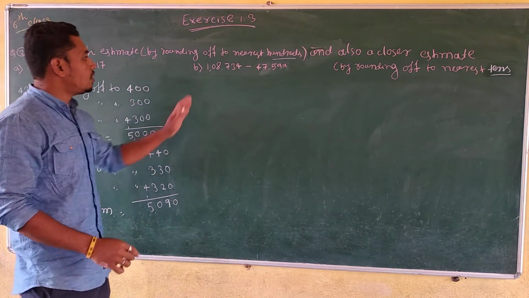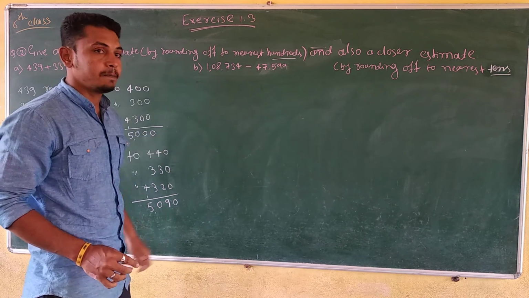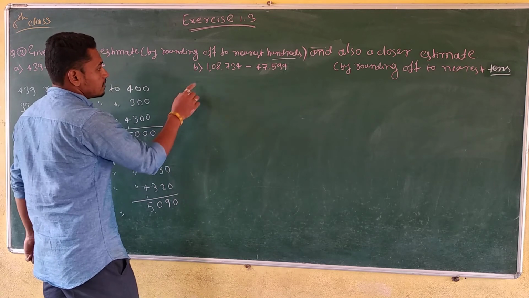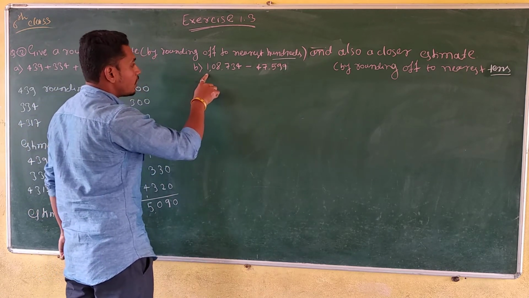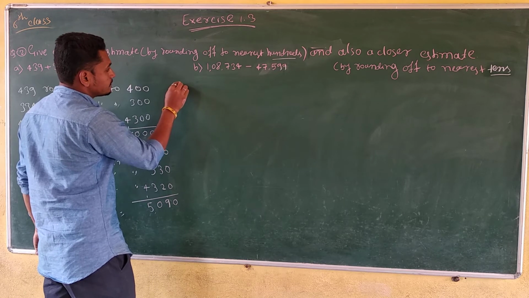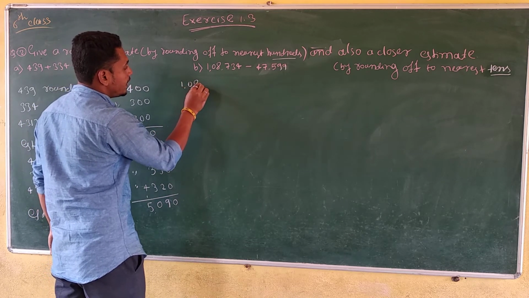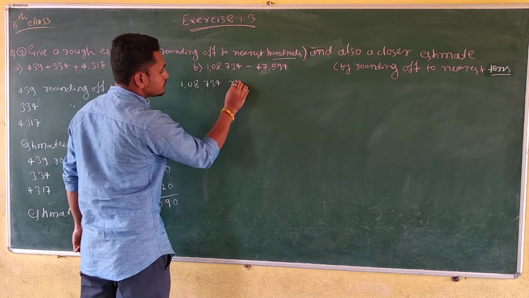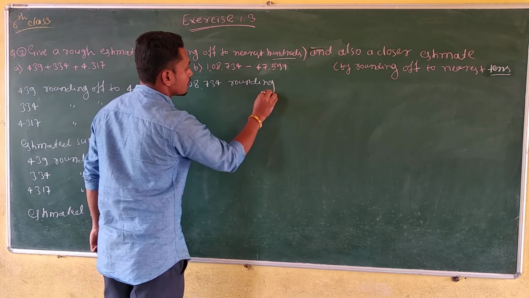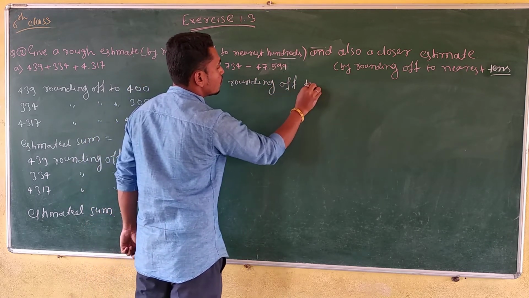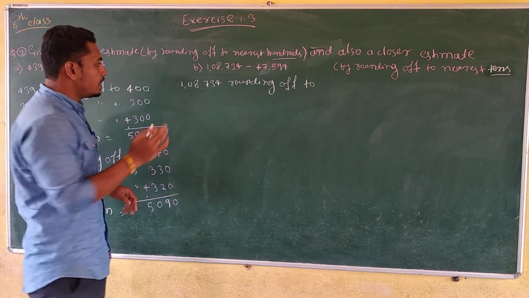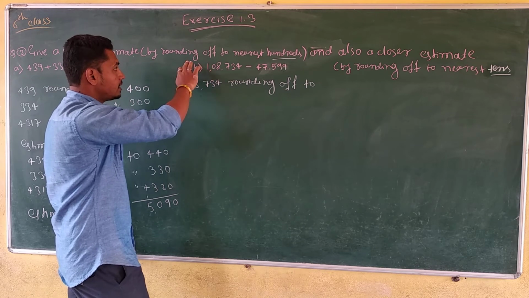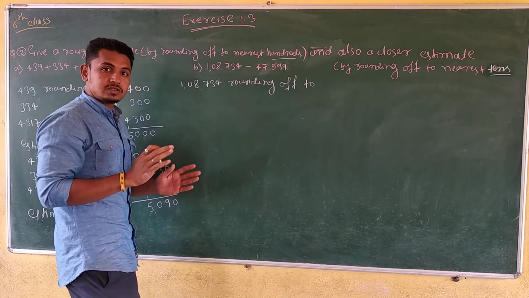Okay. Now we have to solve the next question. Question number B. This is 599. See here. First we have to round this number. So 108,734 is rounded. Till 1,000 you write as it is, because now we have to round to the nearest hundreds place.